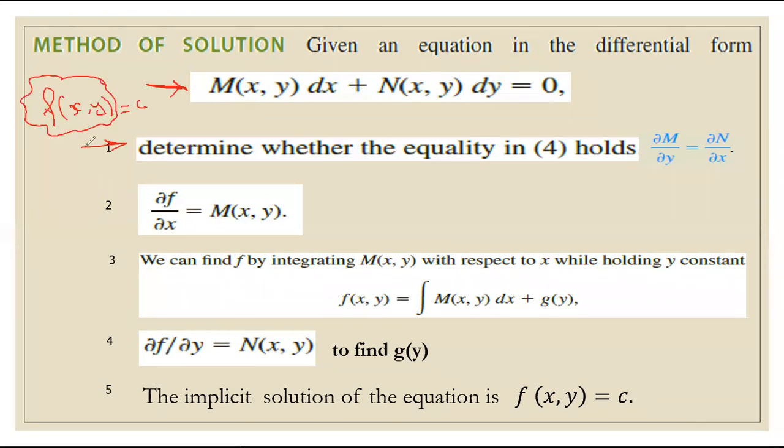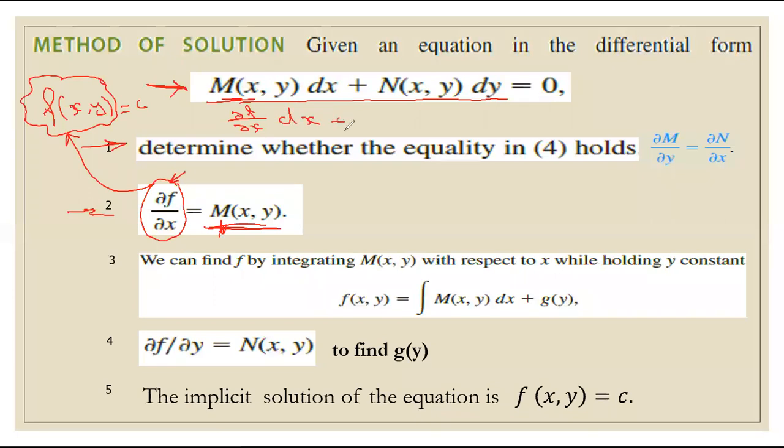Now, to find this f, the second step is to write the partial derivative of the f, which I don't know and I need to find, to be the m. So second step, choose the partial derivative of your f to be the m here. Don't forget that this equation comes from partial derivative of f with respect to x times dx plus partial derivative of f with respect to y dy equals 0.